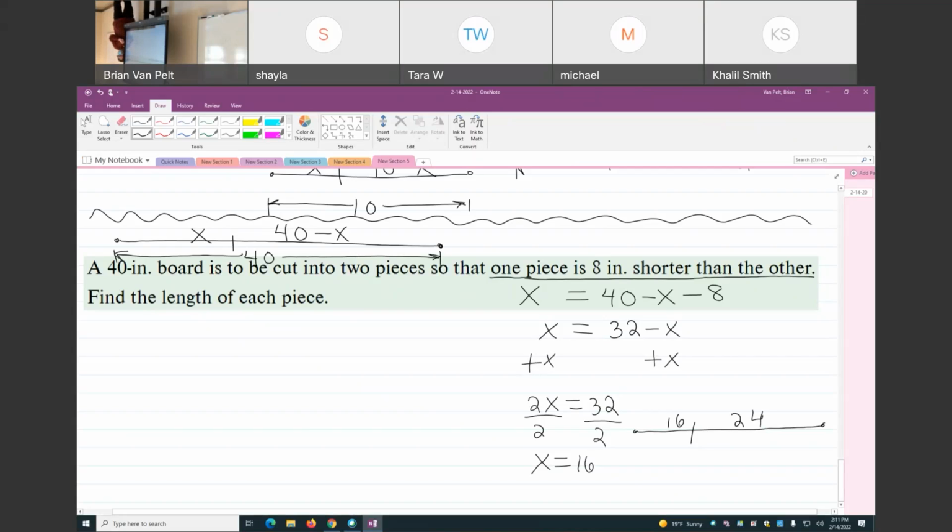How did you get that? 40 minus 16 is 24, isn't it? Or, didn't we say if we took one and subtracted 8 from it, we would get the other? Either way you slice it, you've got both answers. So one piece is 16 inches, and the other piece is 24 inches.